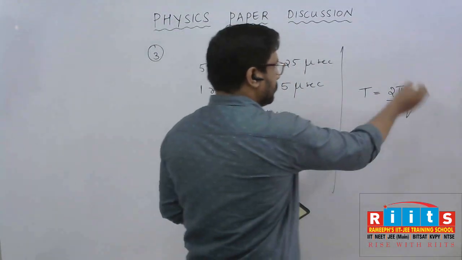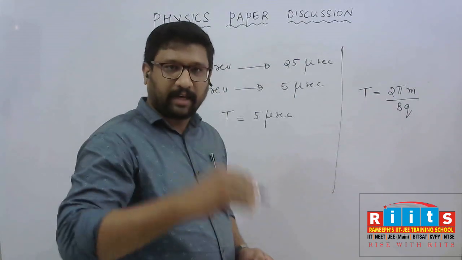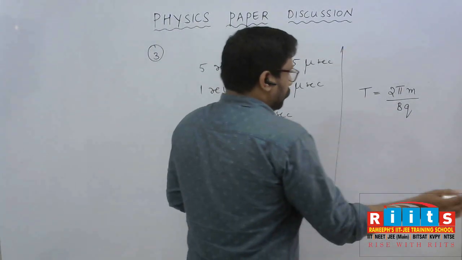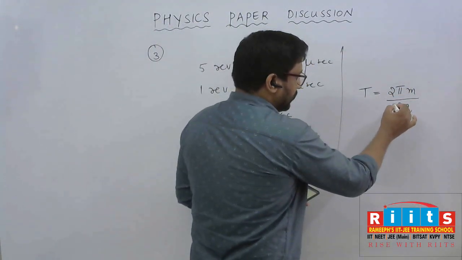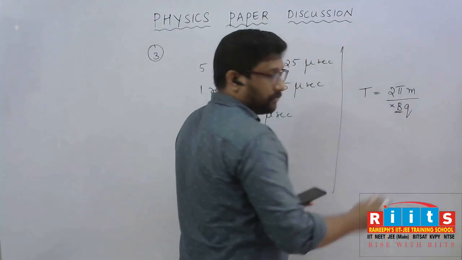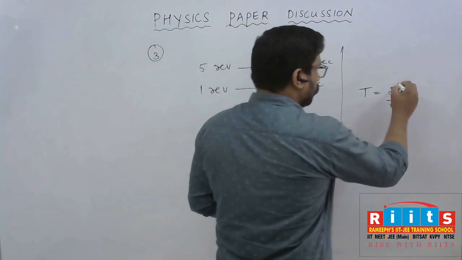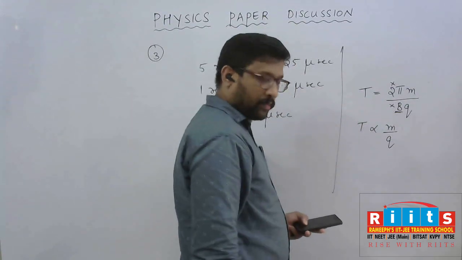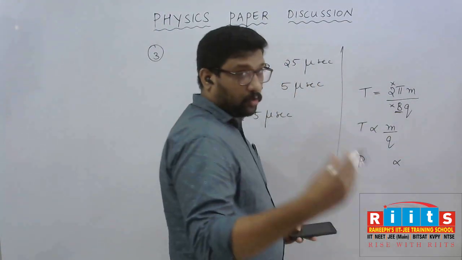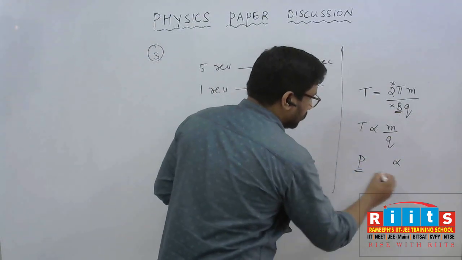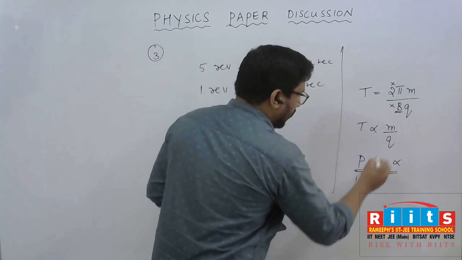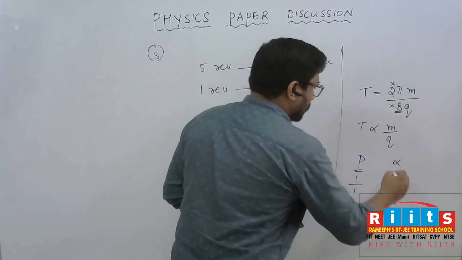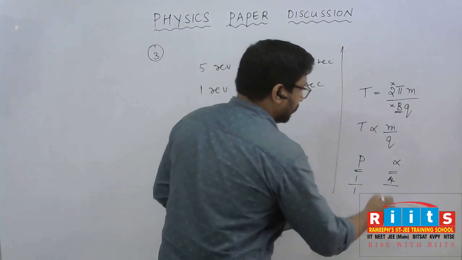By analyzing this, how can we calculate the ratio of the time periods of the proton and the alpha particle? Both charged particles are entering the same magnetic field, so we need not bother about B. 2 pi is also constant. So the time period is proportional to the mass by charge ratio. For the proton, taking mass as 1 AMU and charge as 1 unit, the corresponding values for the alpha particle are mass 4 AMU and charge 2 units.